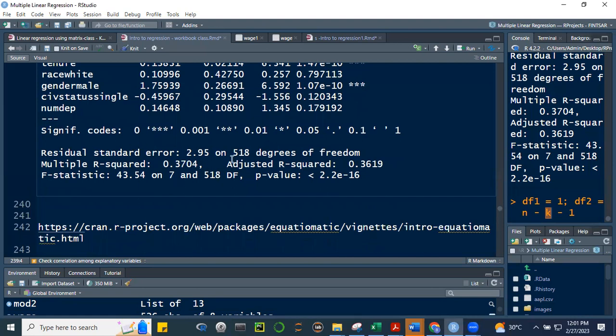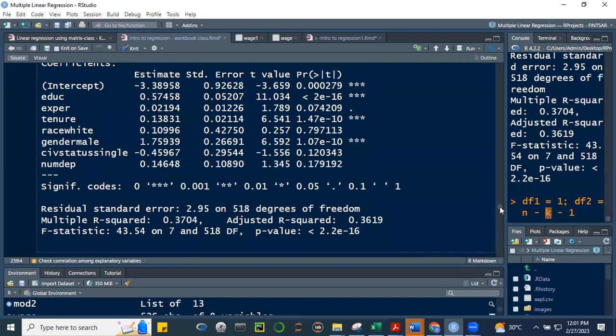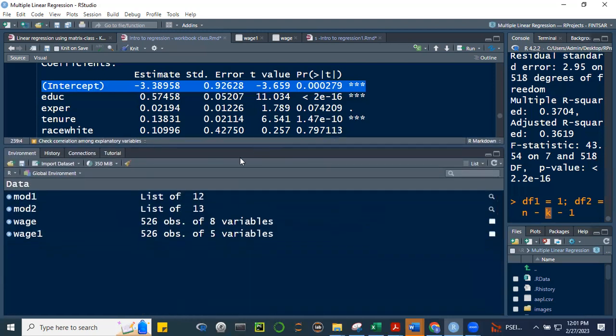Okay, now this. 518 degrees of freedom. Saan galing yan? Degree of freedom 1 is 1, for the intercept. Degree of freedom 2 is n minus k minus 1. What's n, class? 528 observations.